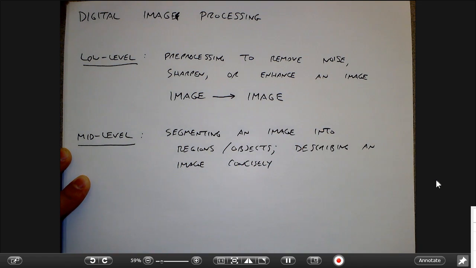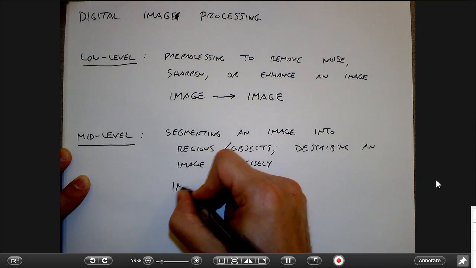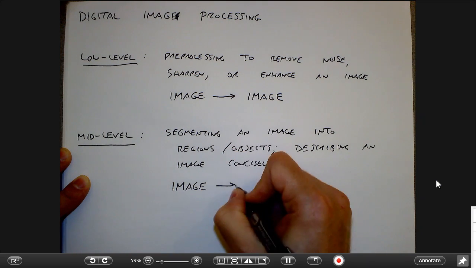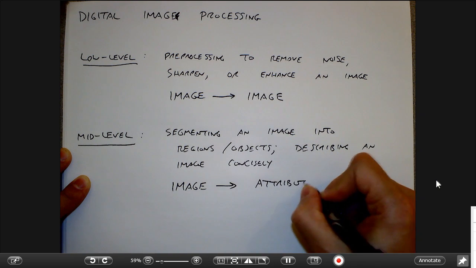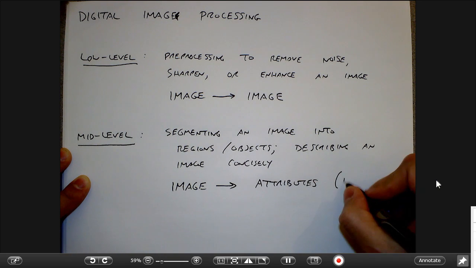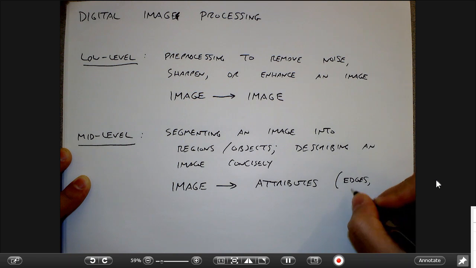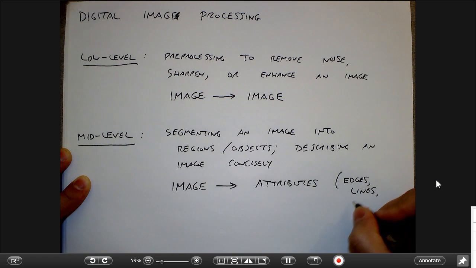The way to think about this is that you start with the image, and what you come out with are things like attributes. For example, edges, lines, objects, or maybe various regions.